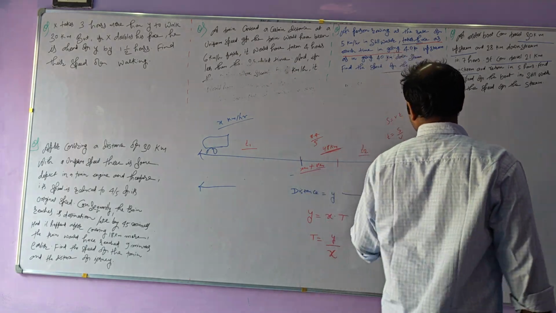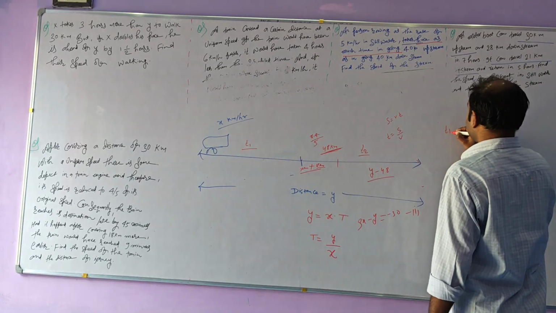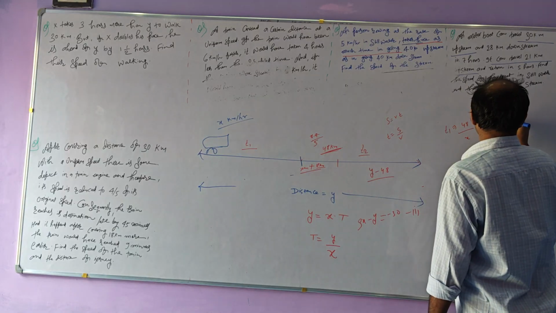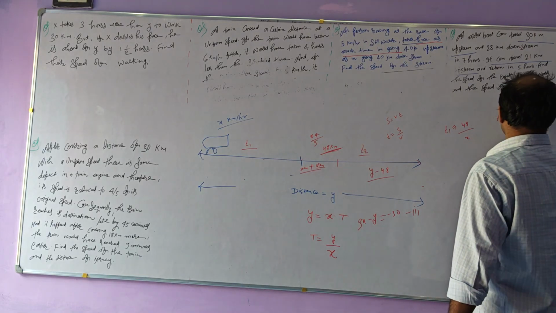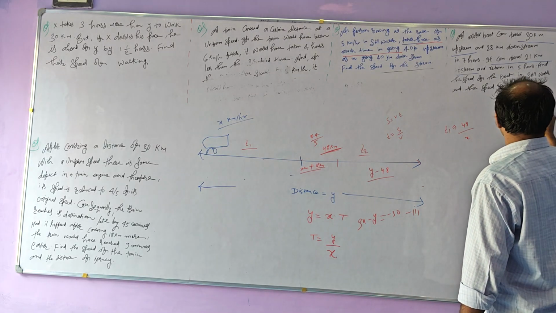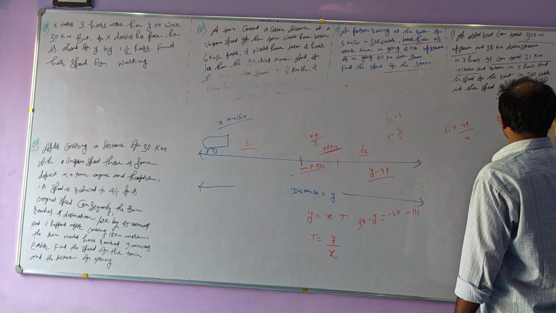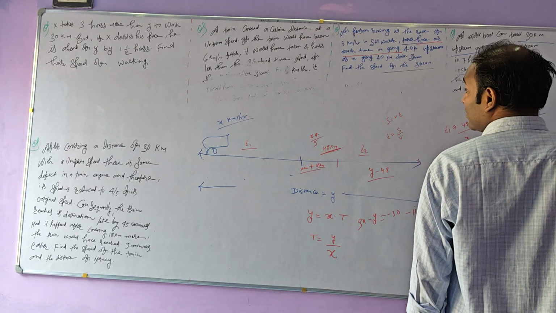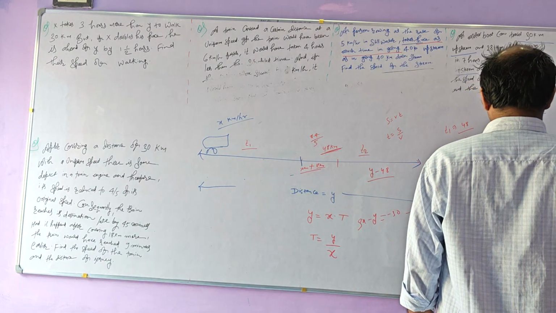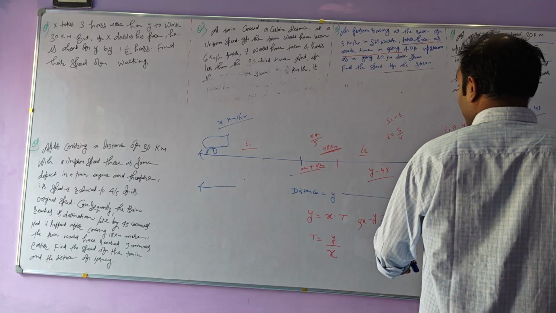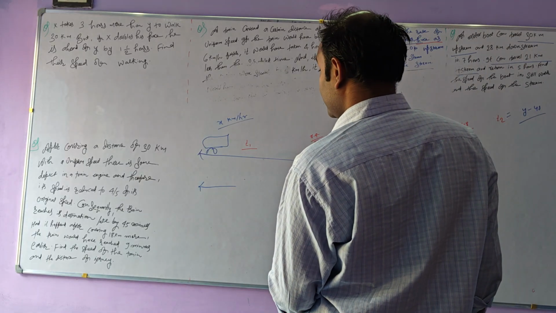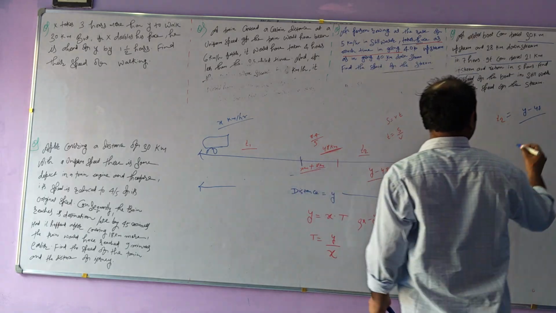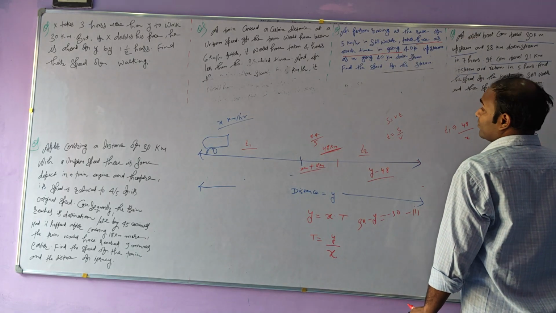Everything is similar. Just T1 is equal to 48 upon x. T2 is equal to (y minus 48) upon 4x/5, so 5 times (y minus 48) upon 4x.